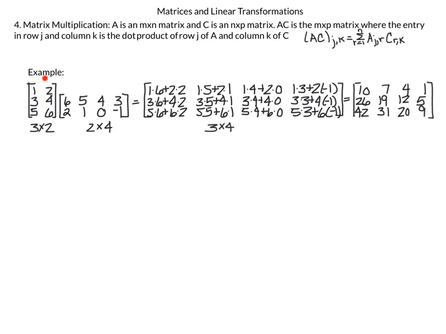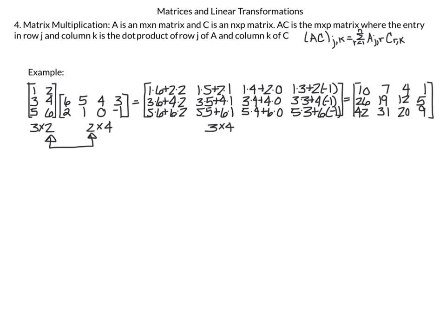If this is our matrix A, and let's say it's 3 by 2. And this is our matrix C, and it's 2 by 4. So the first thing you want to know is for matrix multiplication to be defined, these two numbers need to be the same.